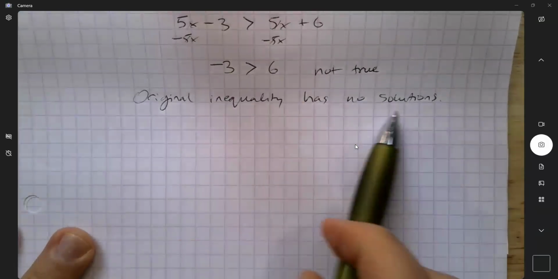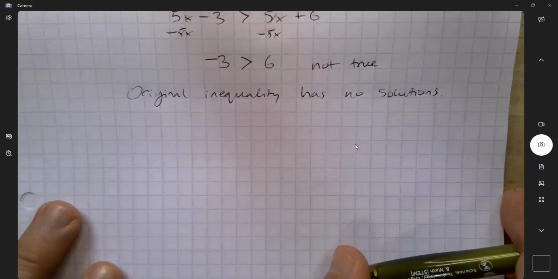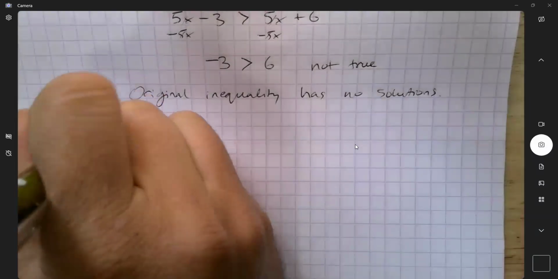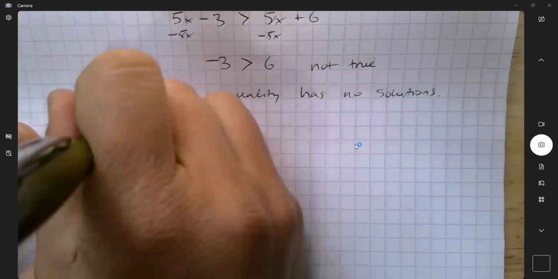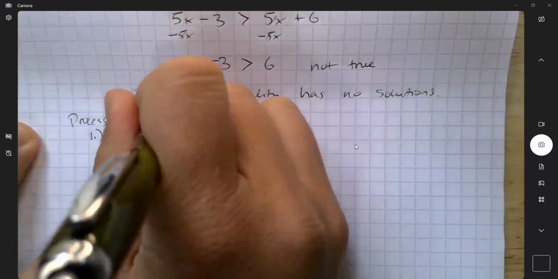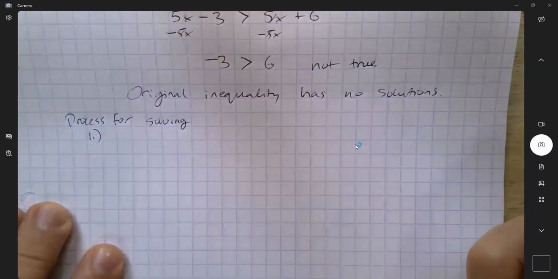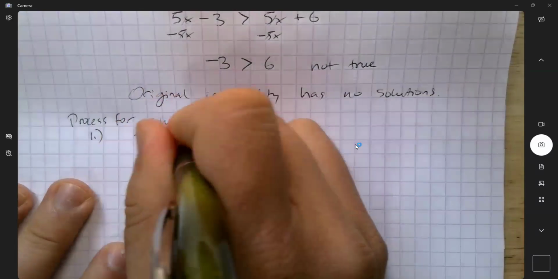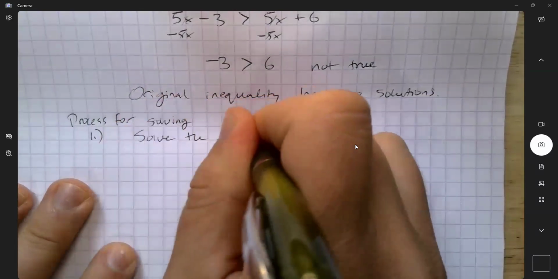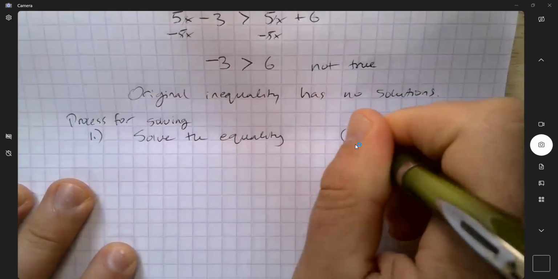The inequality has no solutions. But the process for finding surprising solutions is just the same as the process for solving. You solve the equality or the inequality.